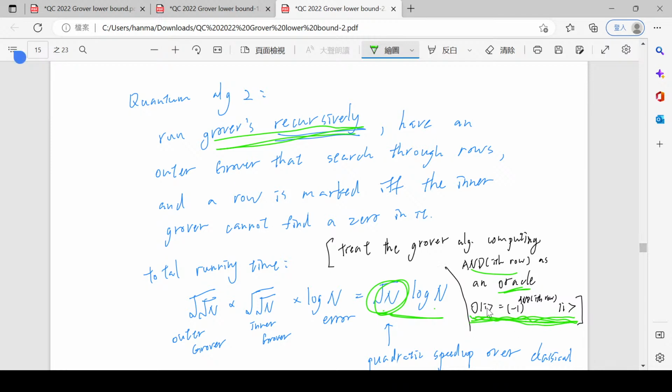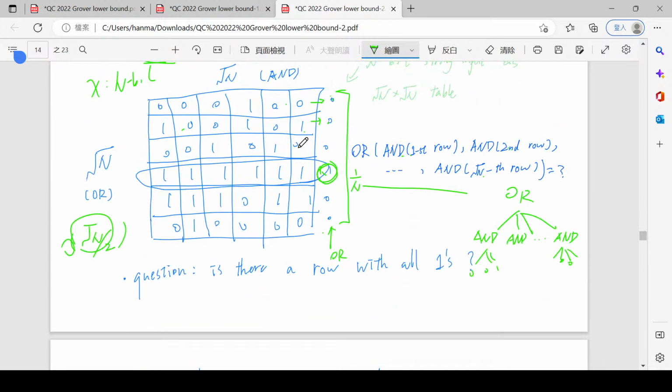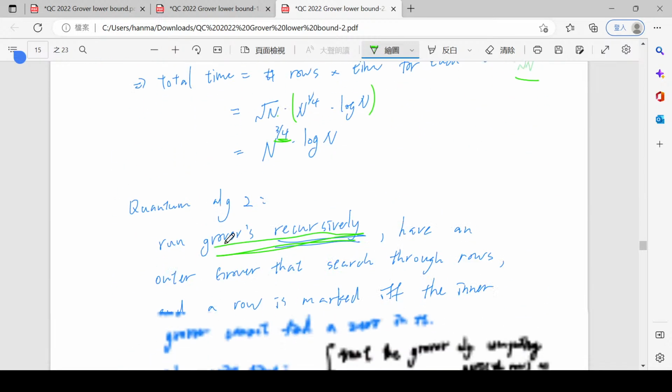You feed the algorithm the ith row, and this algorithm will take n to the 1/4 times log n queries, and it should tell you the -1 to the end of the ith row. Then you can feed this query to another Grover's algorithm over all the i, and you can find the order of all those sub-algorithms.